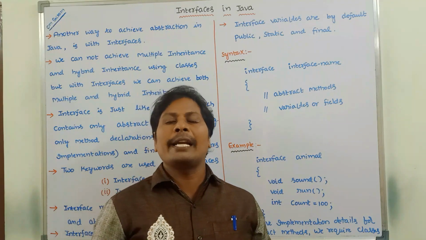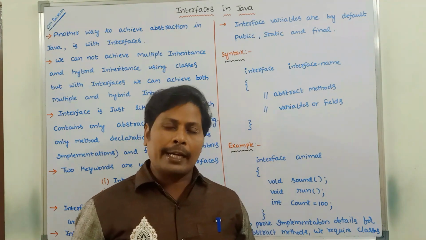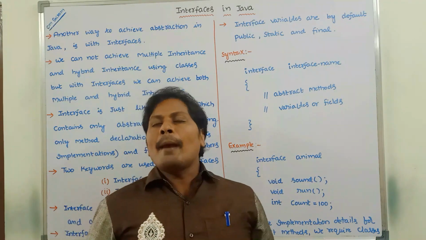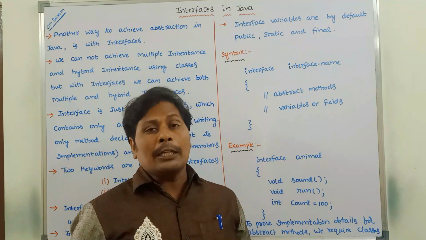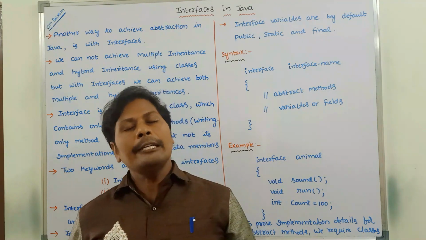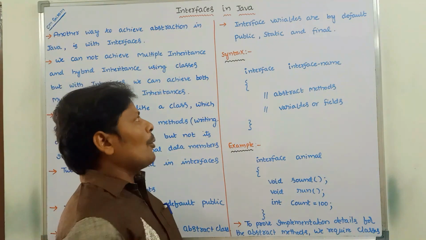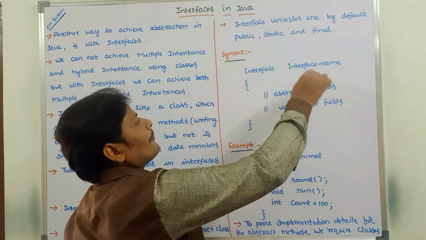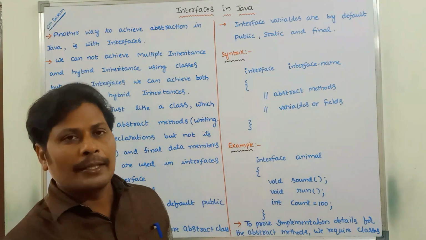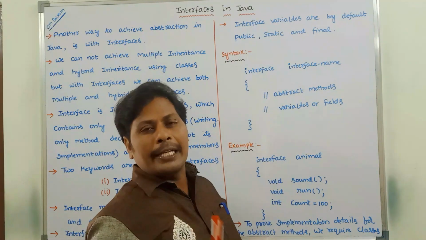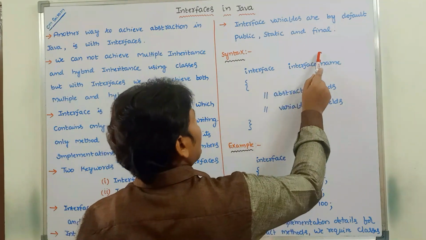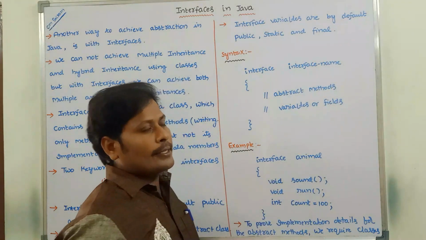Abstract methods are by default abstract and public. Data members, fields or variables are by default public, static and final. Now, this is the syntax for creating the interface. This is the keyword for creating the interface, and this is the name of the interface.